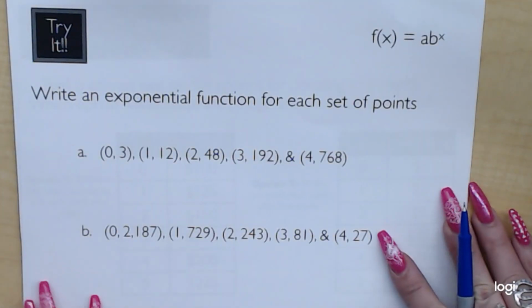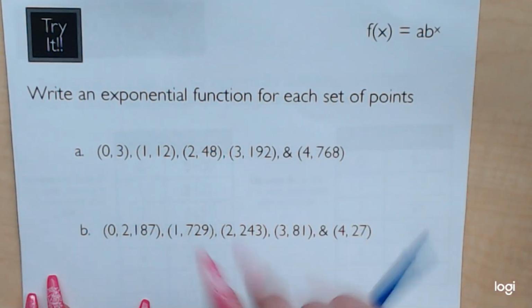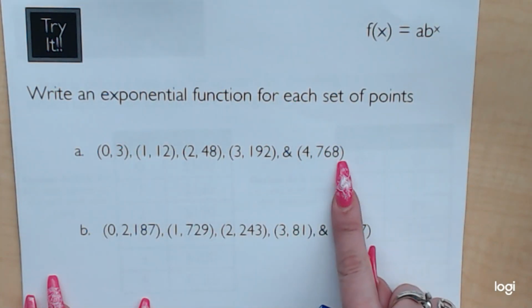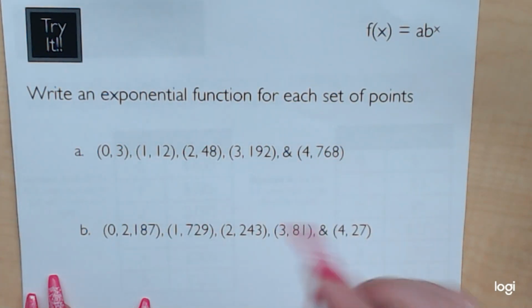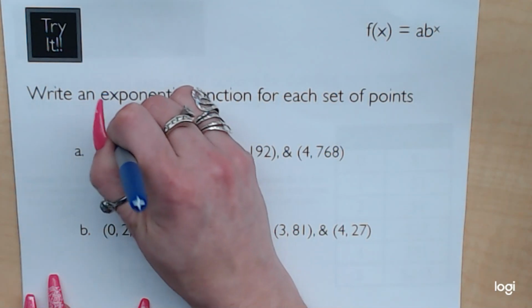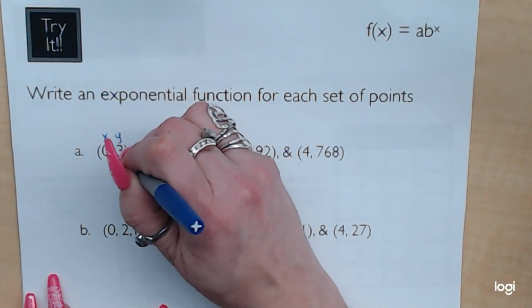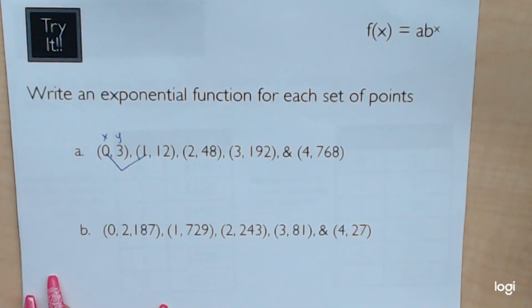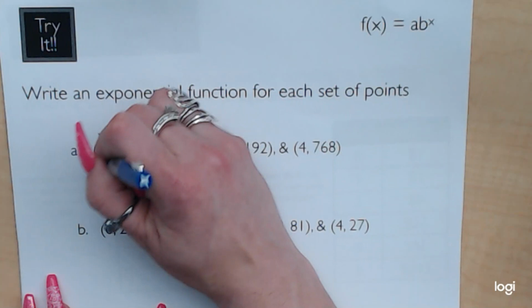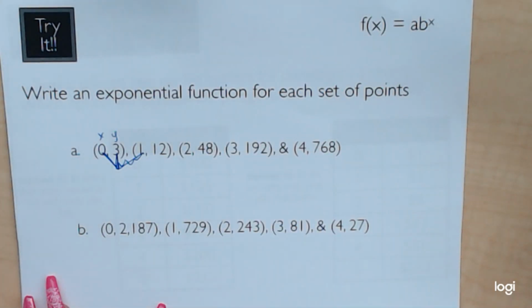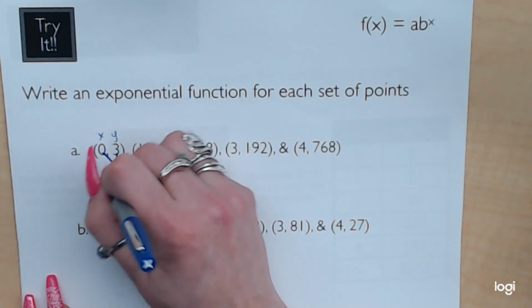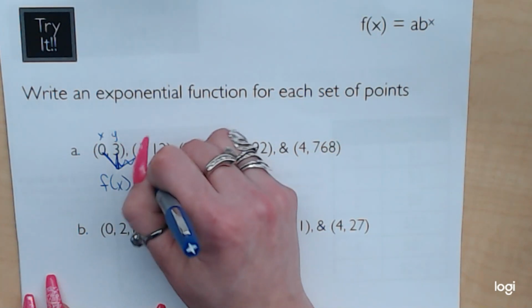Same thing with this. I'll do the first one with you. So say you're given a list of points. Well, we know that it's our x and y values. So let's look. When x is 0, y is 3, which means our starting point is 3.